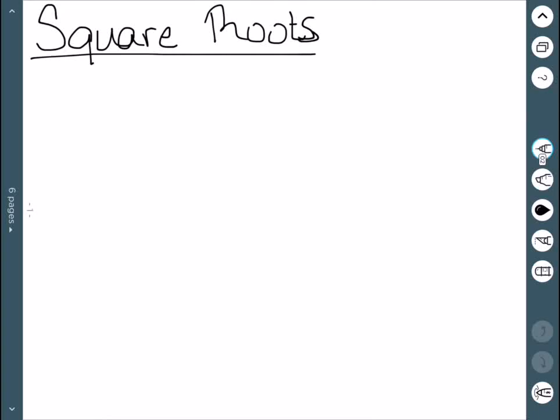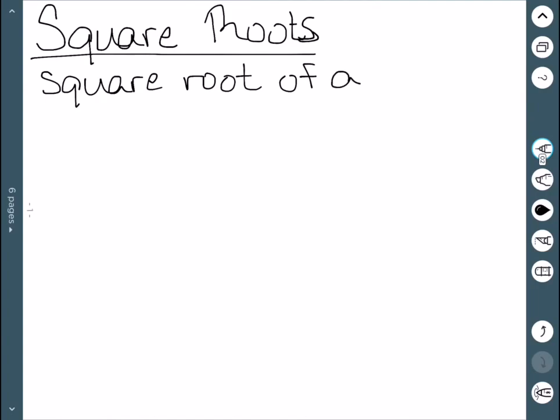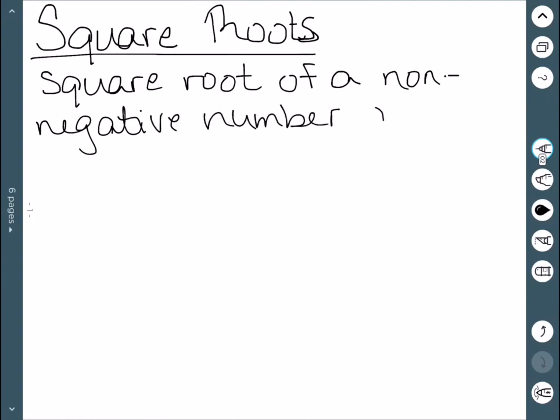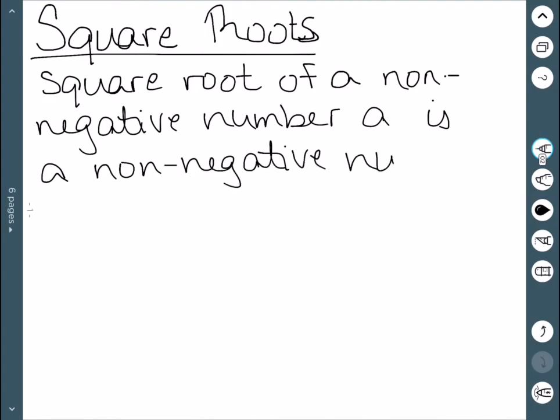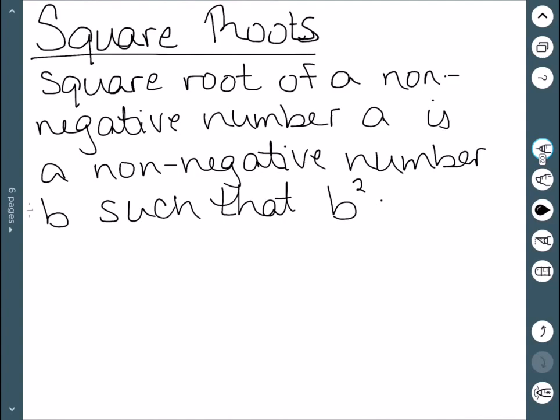We will now look at square roots. So the idea of a square root: the square root of a number a, in particular of a non-negative number, is a non-negative number b such that b squared is equal to a.